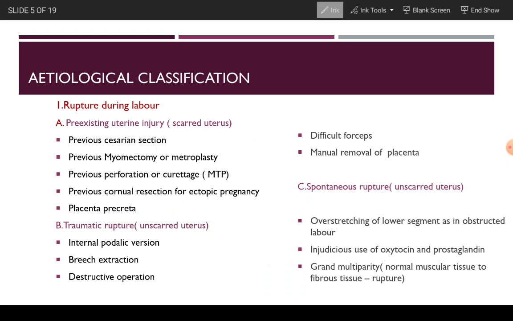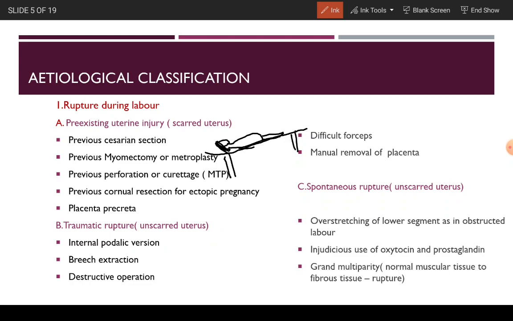Now suppose the problem was during labor, what are the reasons that can happen? In labor it can be a trauma, or it can be spontaneous, or there may be some pre-existing injury.